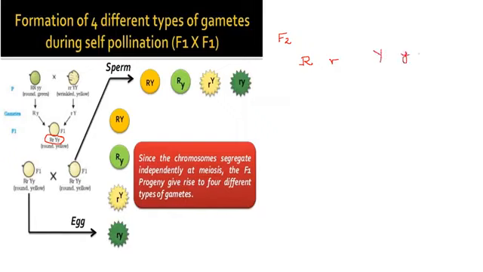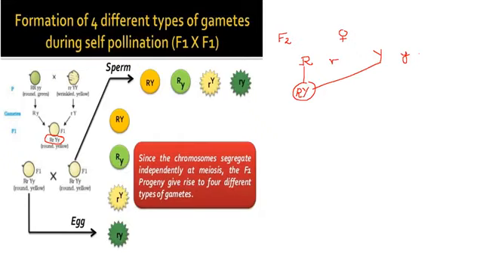So let's take this as mother. So what about the gametes? Now we have to form the gametes. In formation of the gametes, I have to take one single character, that is capital R, and the other character, that is capital Y over here.